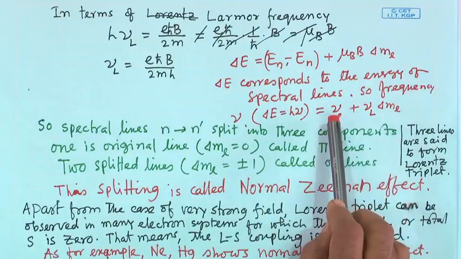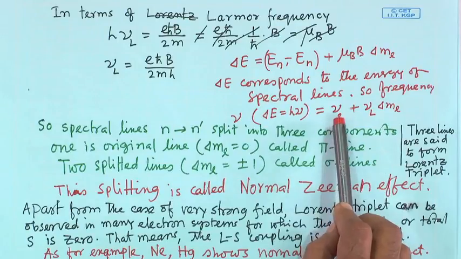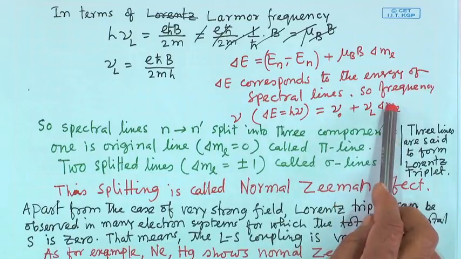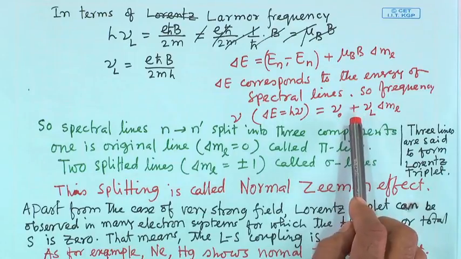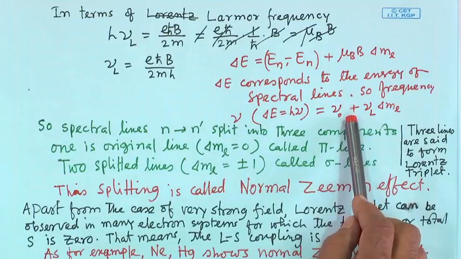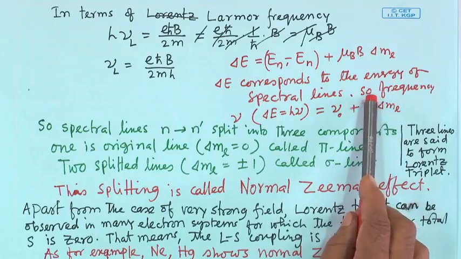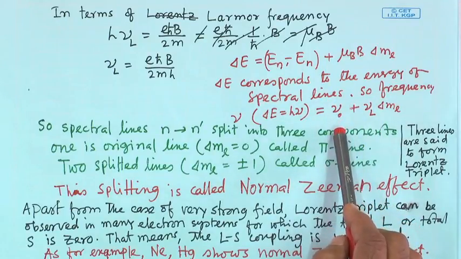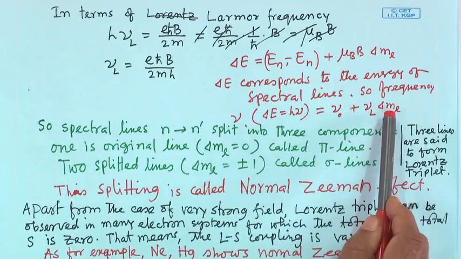When it is 0, this is the original line nu 0, the spectral line before applying the magnetic field. For plus or minus 1, we get nu 0 plus or minus nu L, so another 2 lines, one with higher frequency by nu L and one with lower frequency by nu L. So basically we get 3 lines.